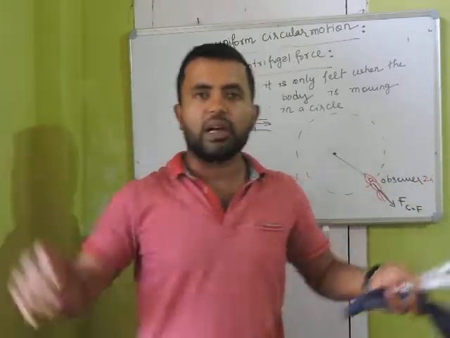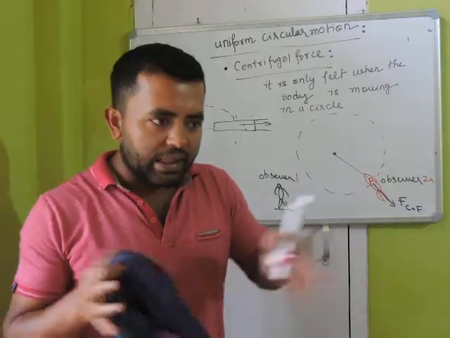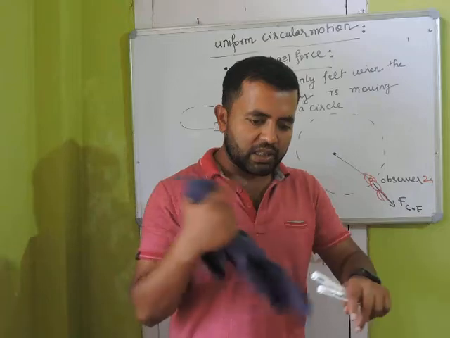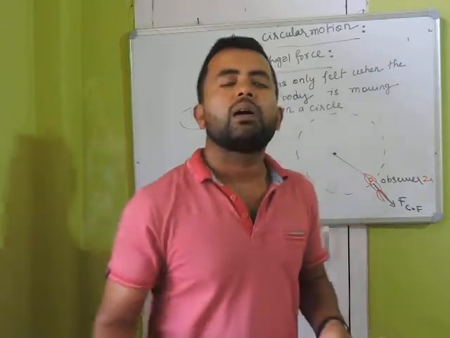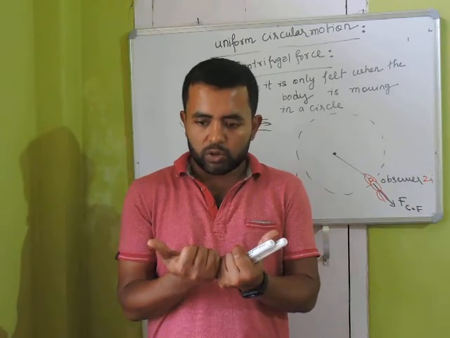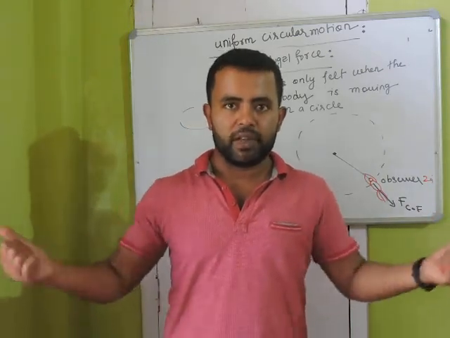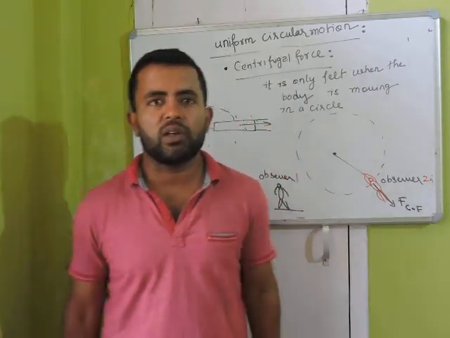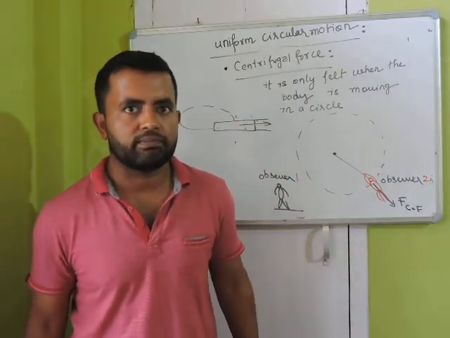Water will come out. If you are seeing the spinner drum of a washing machine, it will throw the water outside, right? So these are all examples of centrifugal force. Thank you.